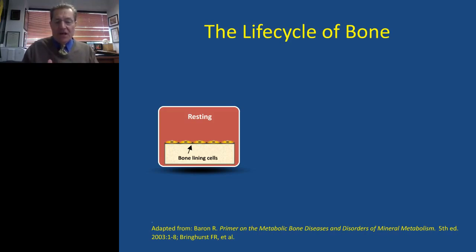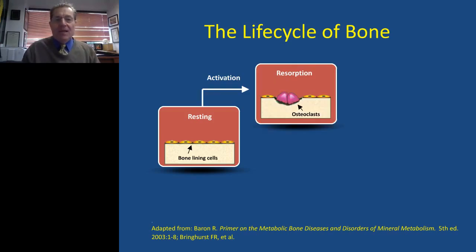So this is the cycle within any given bone remodeling unit: they're lying there having a holiday, taking a rest, and something comes along and activates them. Externally, it's predominantly parathyroid hormone. Internally, within the bone microenvironment, one of the dominant regulators is the RANK ligand-RANK system, and that activation results in bone resorption by the osteoclast, and it takes about 30 days on average to carve out an area of old bone.